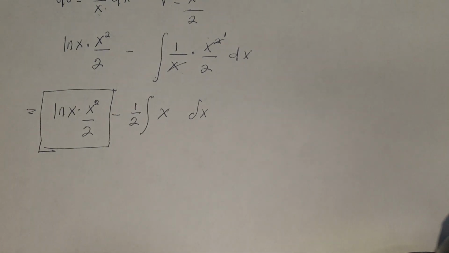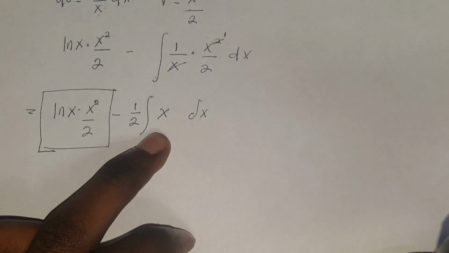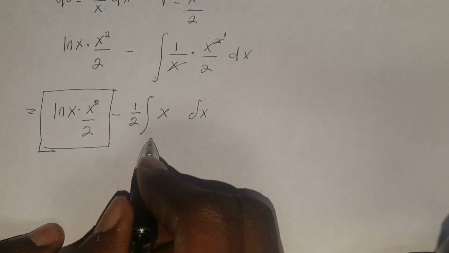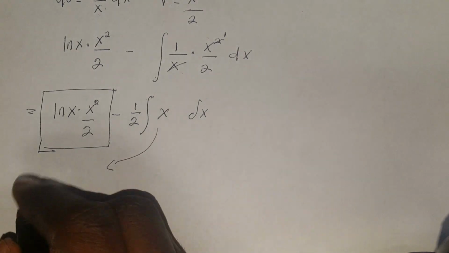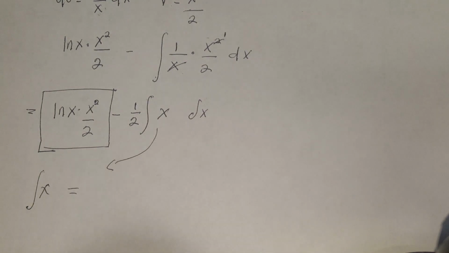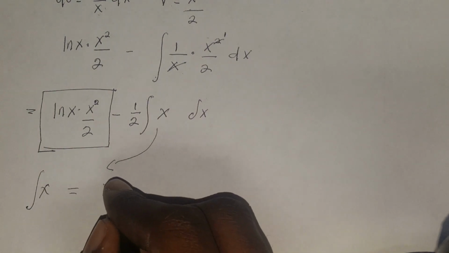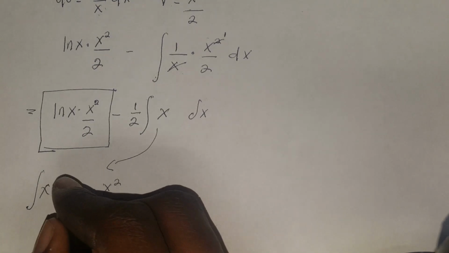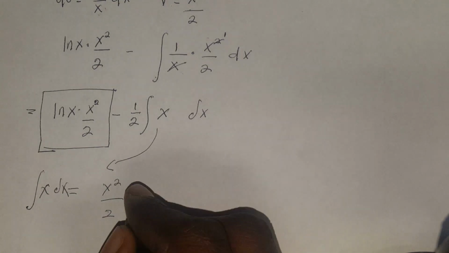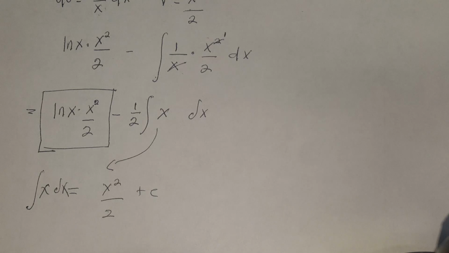We are left with only this part, and we know how to integrate this. That will be equal to x squared over 2 plus c.